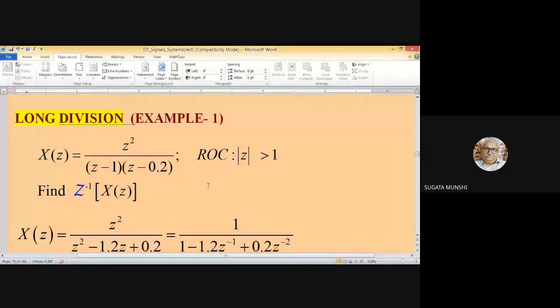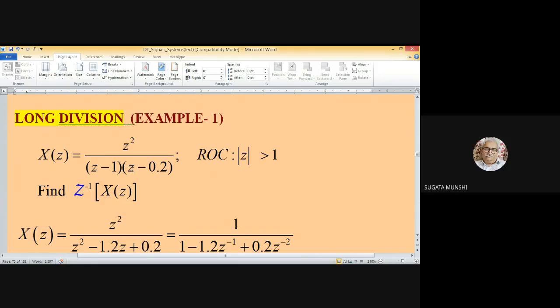In this case, the ROC is magnitude of Z greater than 1. So what is the border of the ROC and the region of divergence? The circumference of the unit circle centered at origin in the Z plane. So obviously this pole is lying there, Z equal to 1.